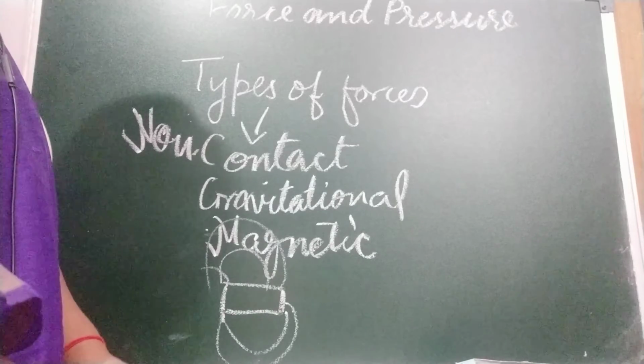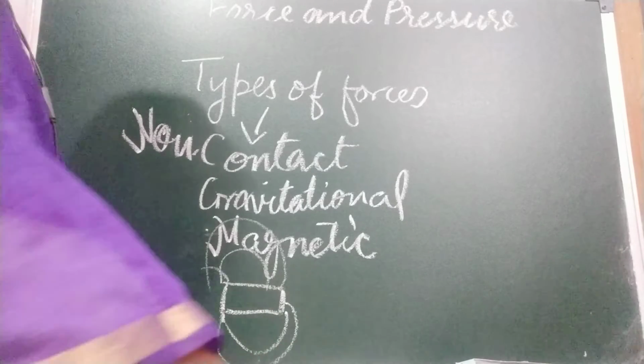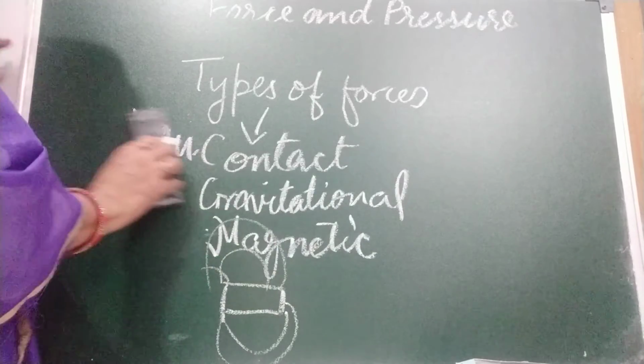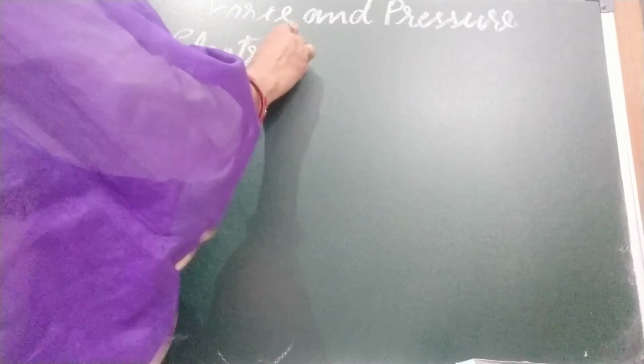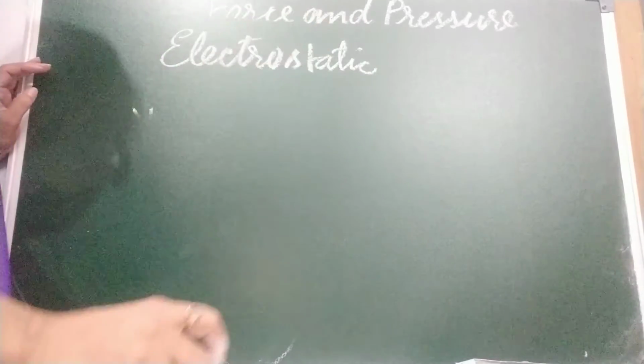Now third I am going to discuss, that is electrostatic force. The third non-contact force is electrostatic force. Children, I am going to tell you this with the help of an activity.